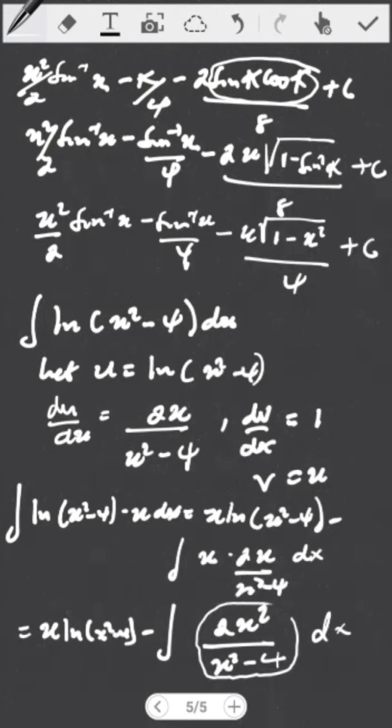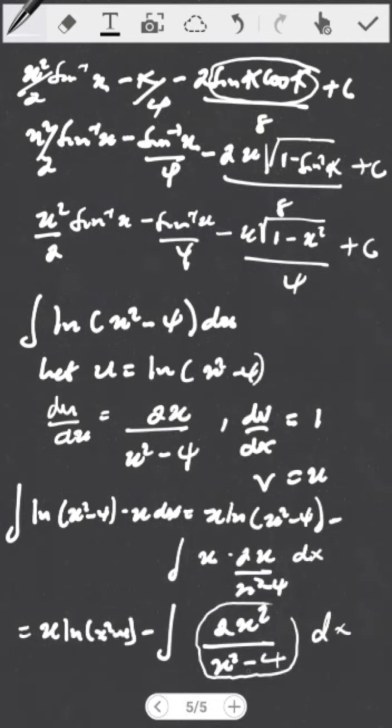So first I look at the denominator. The denominator is a difference of two squares, so I have to convert this first. I'll pick only this part out and work it out.